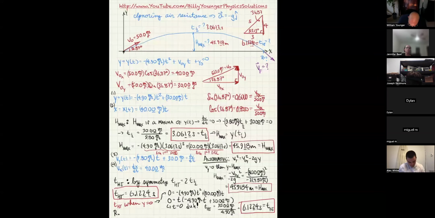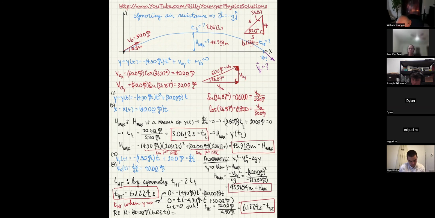So for R, what I'm going to do is use equation 2 and say that R is equal to 40.0 meters per second times 6.1224 seconds.